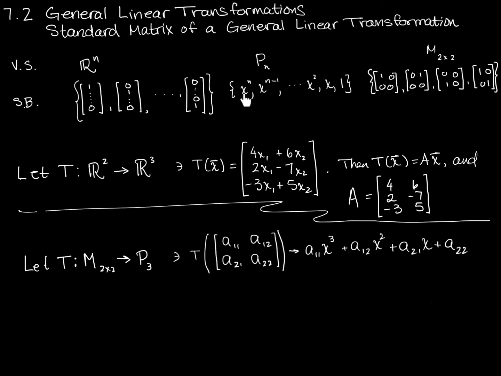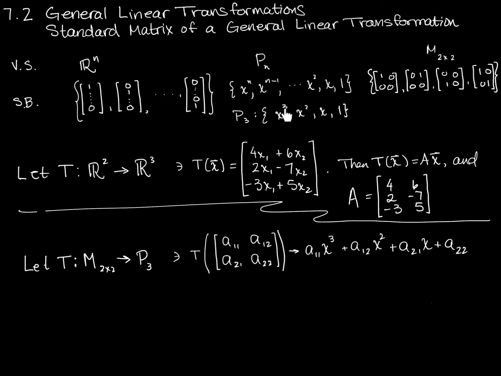Well, that's it here, except that this is for all polynomials of degree n, so for P3, my standard basis will be x cubed, x squared, x to the first power, and x to the 0 power.